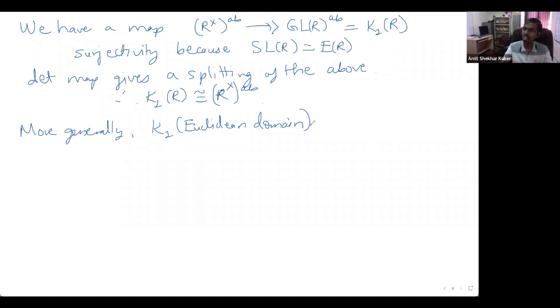You show that the unit has norm 1, and then using Euclidean division, you try to do Gaussian elimination, and therefore you will get K1 of a Euclidean domain is again R cross. It's a commutative ring, so R cross. So SK1 will turn out to be trivial in that case.